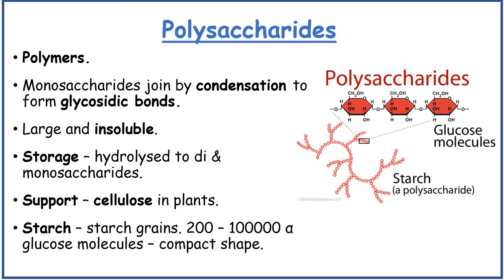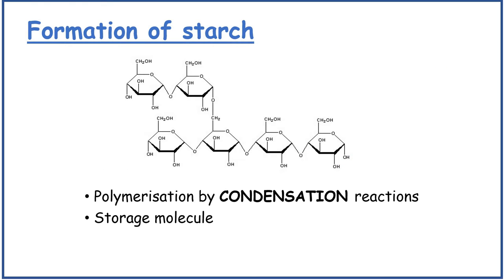As an example, starch, which is a storage molecule, is found in starch grains, and it's 200 to 100,000 alpha-glucose molecules long, and it forms a very complex shape. To form starch, it is a polymerization reaction by condensation reactions.